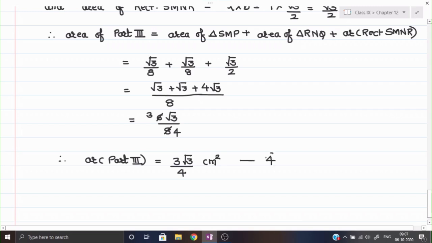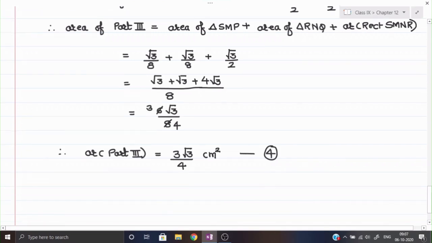and this will be, I think, equation number 4. Okay. So, let us write down the area of the whole figure.